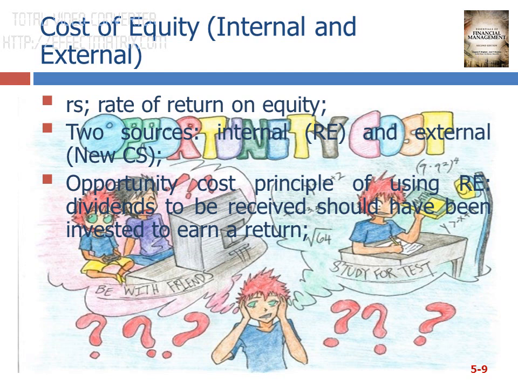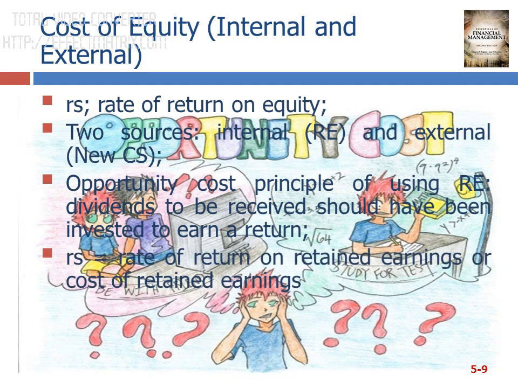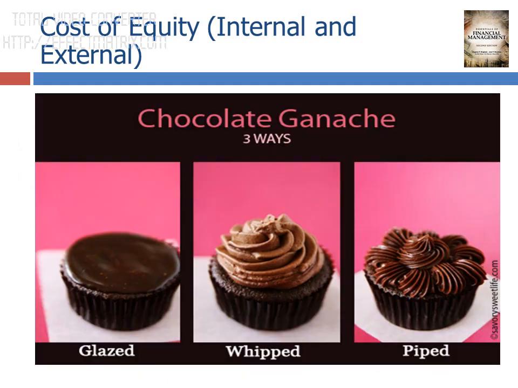That lost rate of return on other investments is the opportunity cost. That's why we put a cost on the use of retained earnings as a source of equity capital. So the RS, or the cost of equity, if it pertains to the rate of return on retained earnings, is the cost of retained earnings, or cost of internal equity.